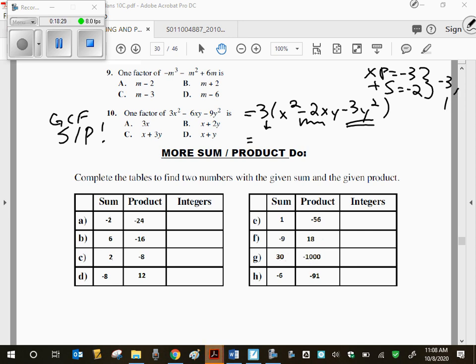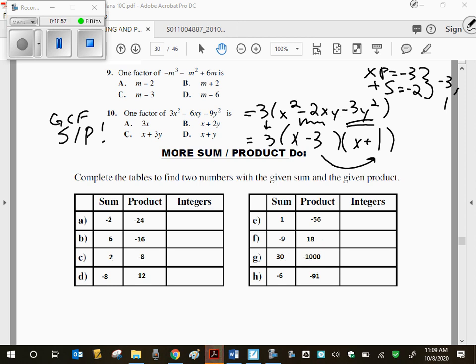So bring down the GCF, create brackets, factor means create brackets, and you get x subtract 3 and x plus 1. You are 99% done. The only thing you have to recognize is that when you multiply -3 times 1, you do not get -3y squared.